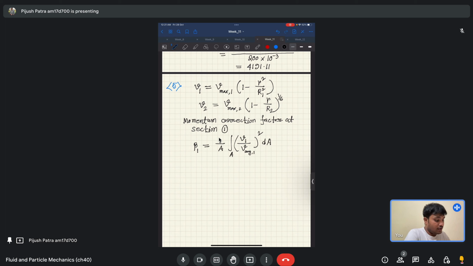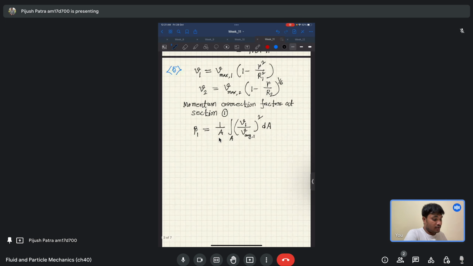This is how we can write the momentum correction factor at section 1.